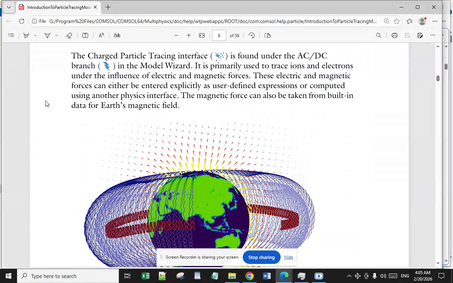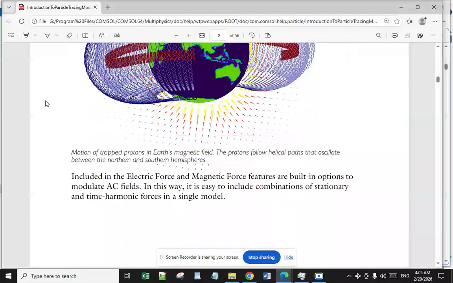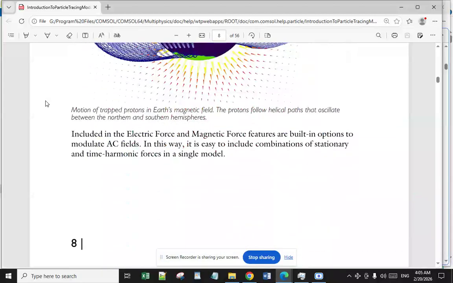The magnetic force can also be taken from built-in data for Earth's magnetic field. Included in the electric force and magnetic force features are built-in options to model AC fields. This is a way to include a combination of stationary and time-harmonic forces in a single model.